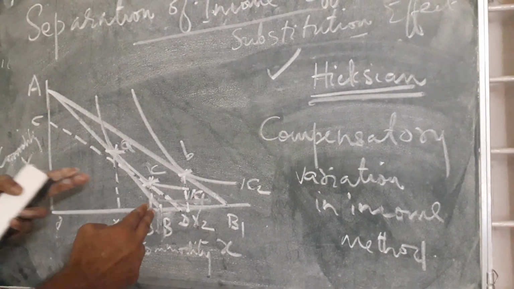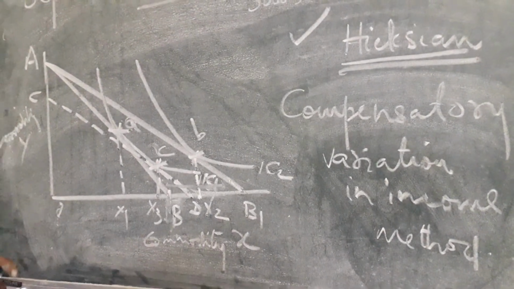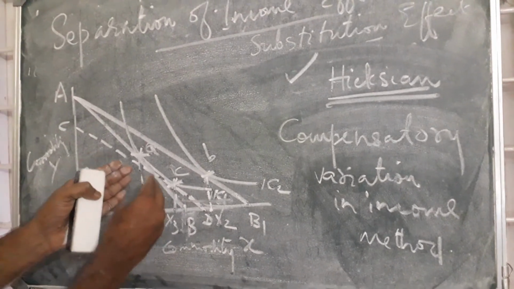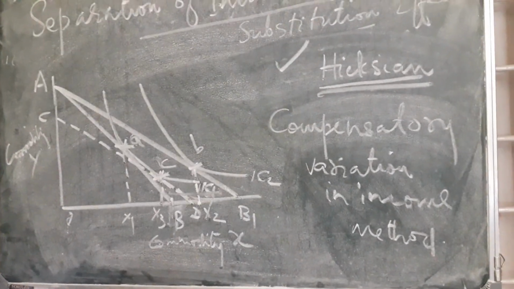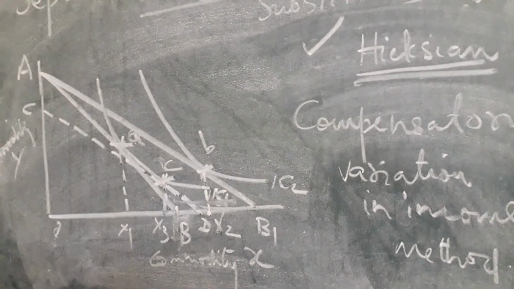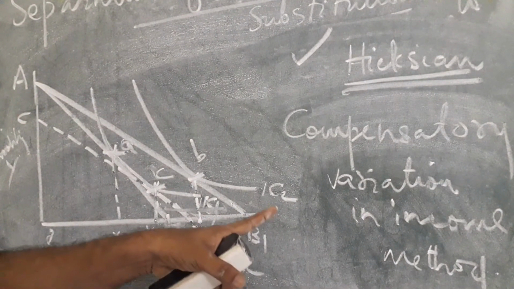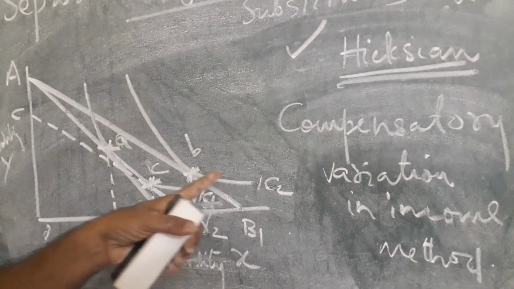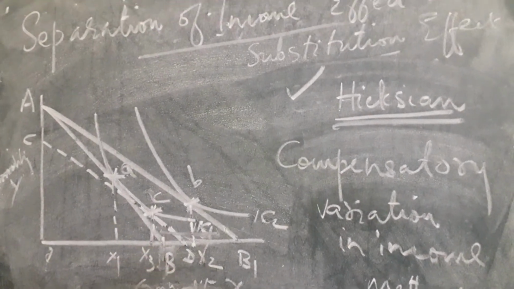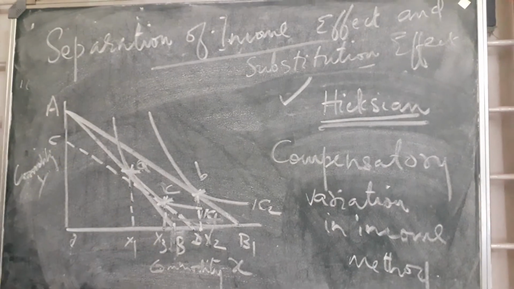This change shows that there is a reduction in the price of commodity X. With this shift, there is a new consumer equilibrium at point B, where the new price line AB1 is tangent to a higher indifference curve IC2, because with the reduction in the price of commodity X, the consumer is able to move to a higher level of satisfaction.